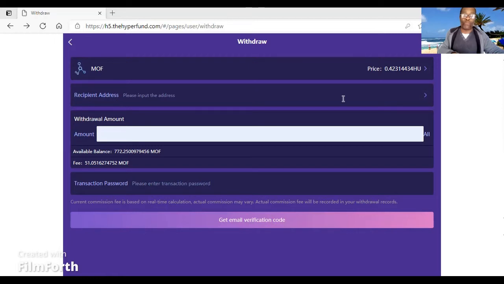So you have to add your recipient address, whether it is in WHO, whether it is OKEX, whether it is in Bittrex. Actually, Binance doesn't have MOF, so there is no point talking about Binance.